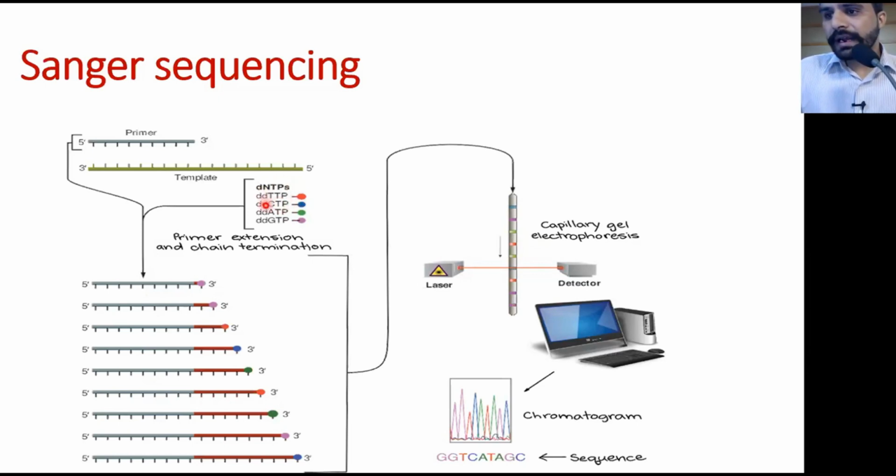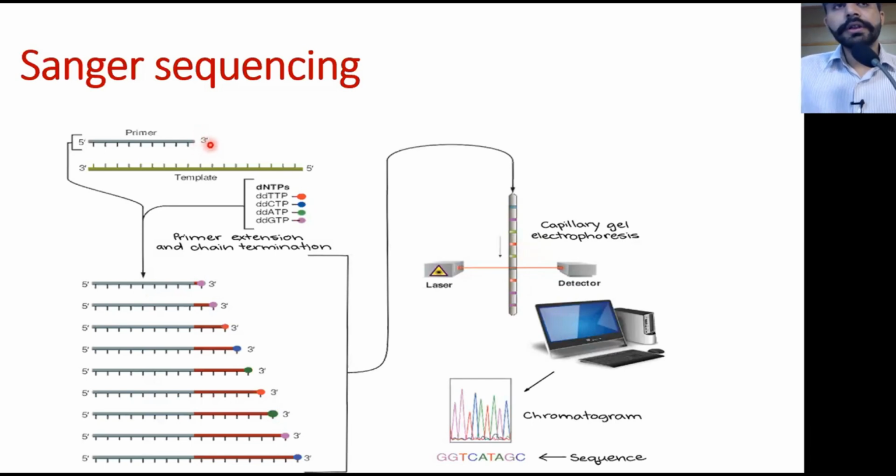And every dideoxynucleotide is labeled differently. What actually happens is there is a random chance that a new nucleotide will be incorporated at the complementary sequence of the template, and a random chance that a normal nucleotide can be added or a dideoxynucleotide can be added.